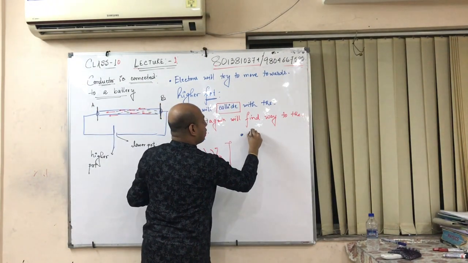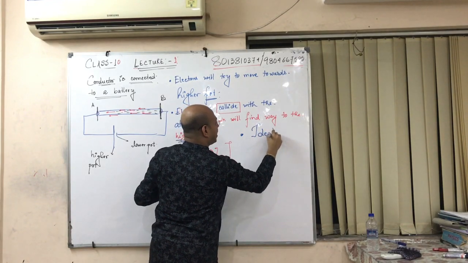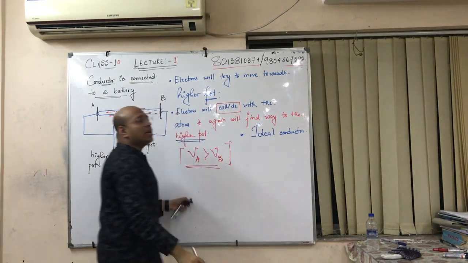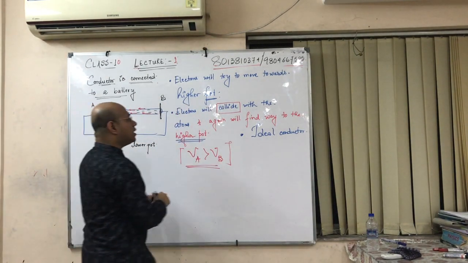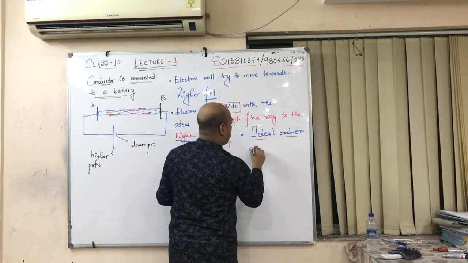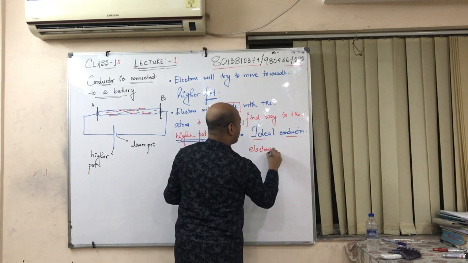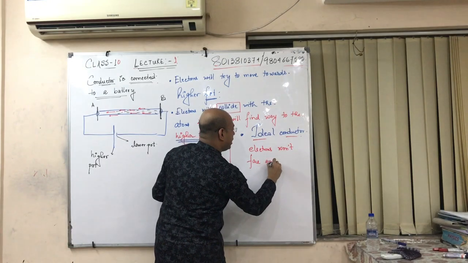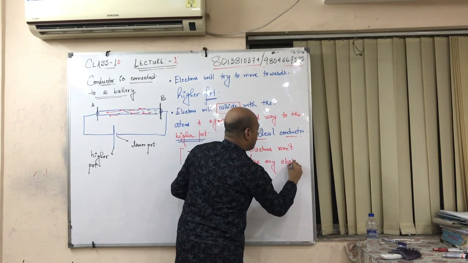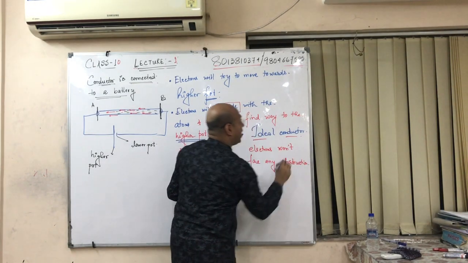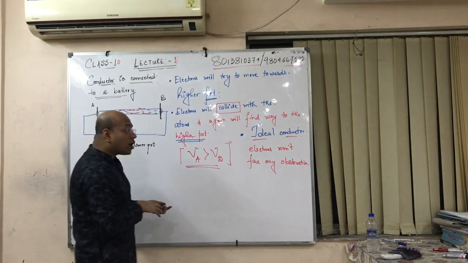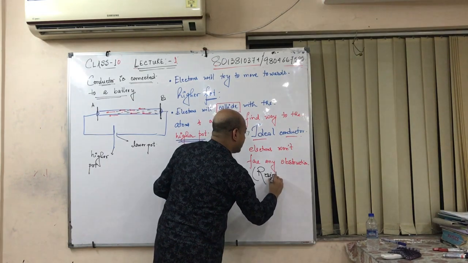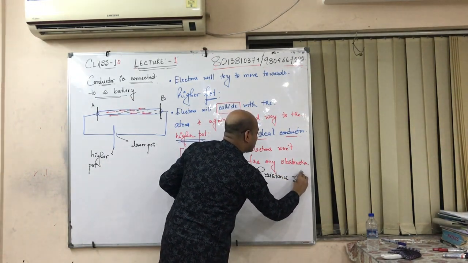Now, we use a term named as ideal conductor. In an ideal conductor, electrons won't face any sort of obstruction. So that's why we say the resistance is zero.